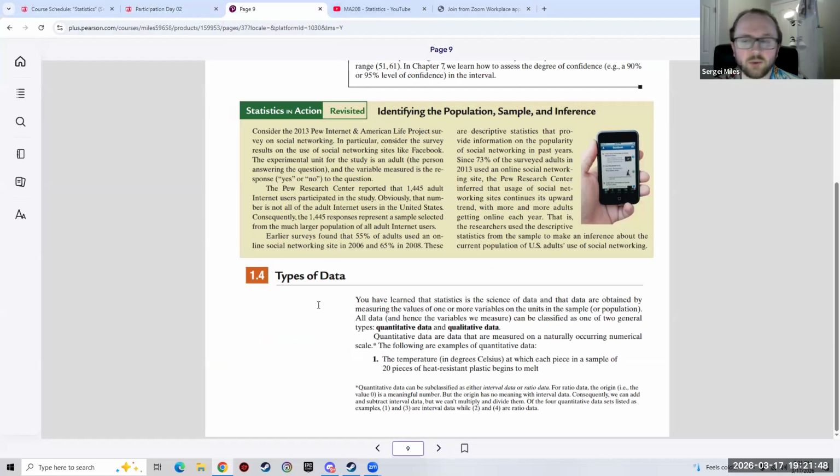So section 1.4, we are talking about types of data, which we actually had already touched on in the last video, where we talked about how the data we collect can be numerical, meaning it's some kind of number which we record.